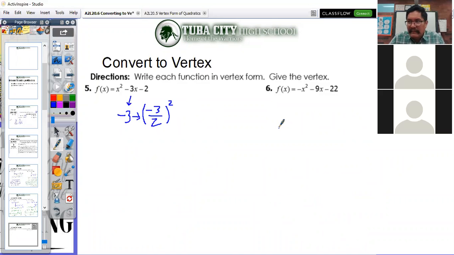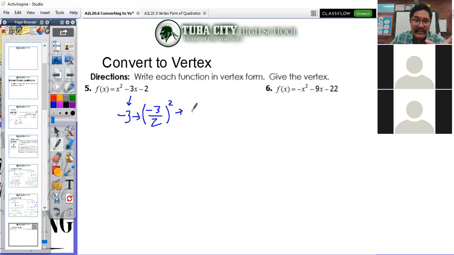But I'm not really sure what's going to happen in the future. Do I turn it into a decimal or do I leave it as a fraction? I wish I had a coin to flip. Let's leave it as a fraction and just see what happens.